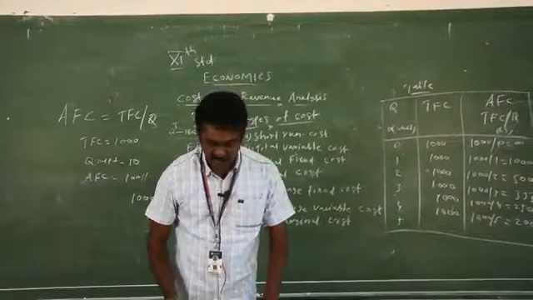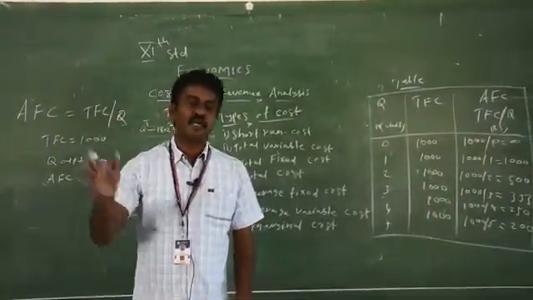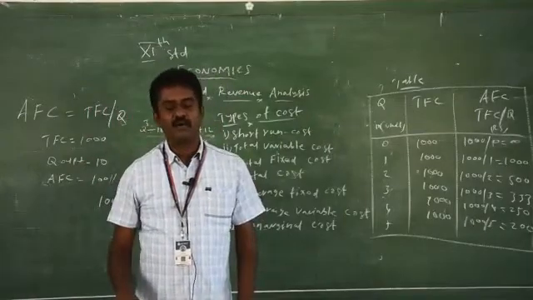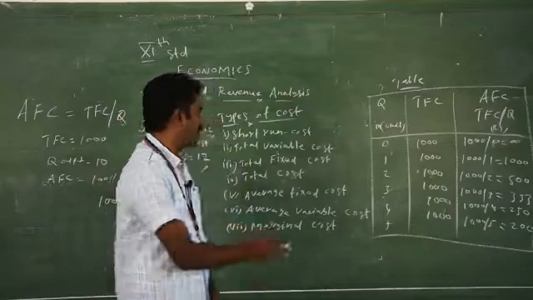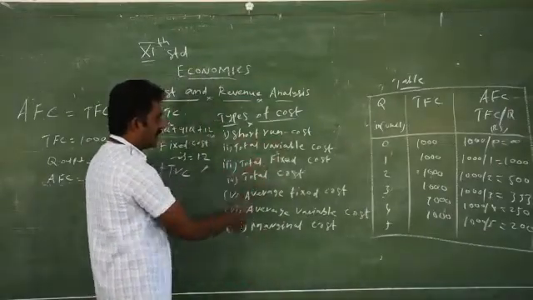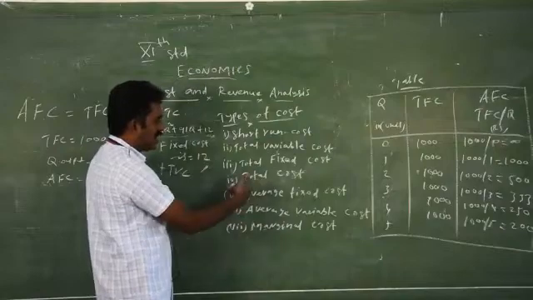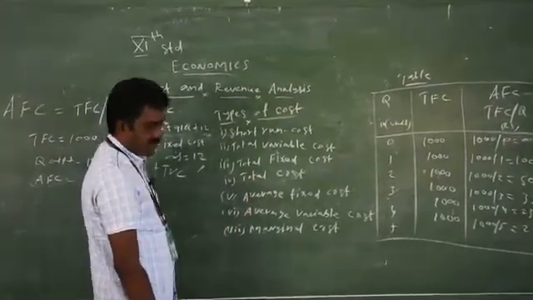So many things we have covered in the last class about the concept of cost, the different kinds of cost, the types of cost we have seen: total variable cost, total fixed cost, average cost, average variable cost, and marginal cost.